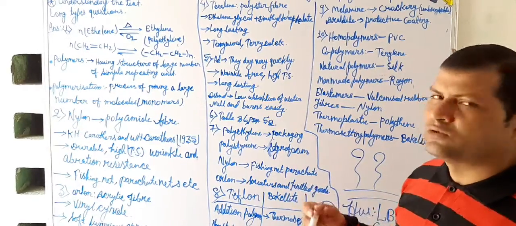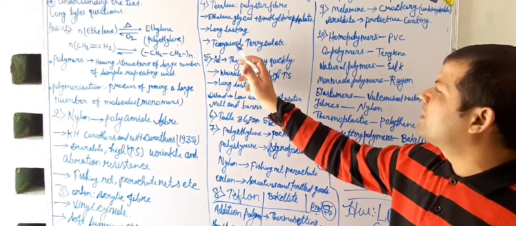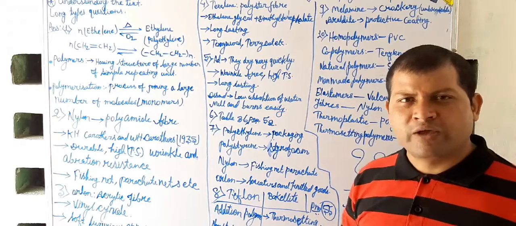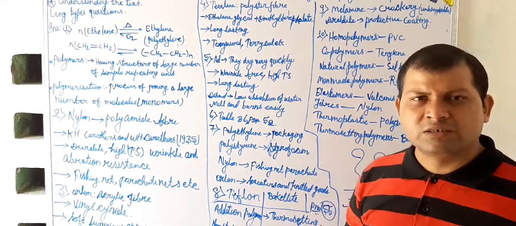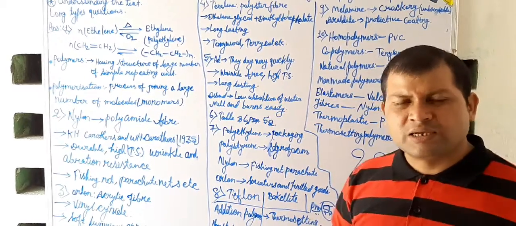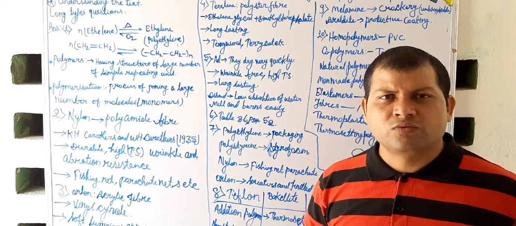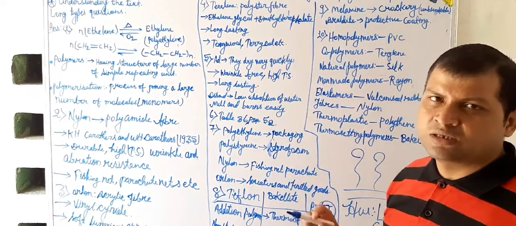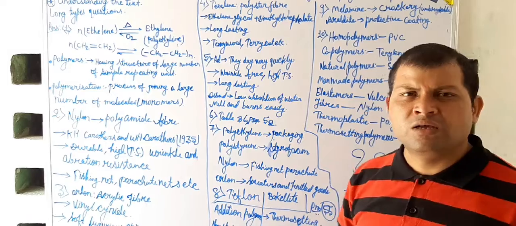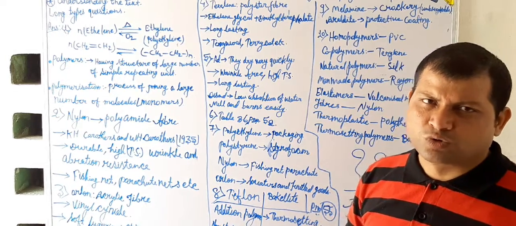When it is mixed with wool, it is called terry wool, and when it is mixed with cotton, it is called terry cot. In the same way, if we mix it with silk, it is called terry silk. So this is the solution to question number 4.